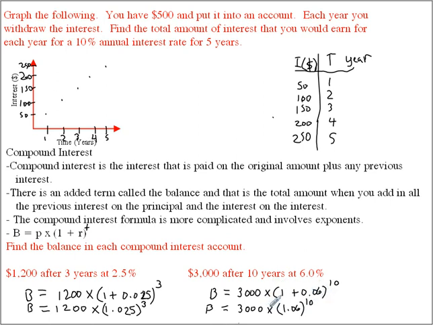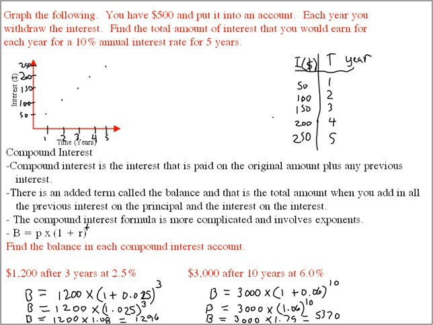Now, this racks up a lot quicker when you do compound interest. So I'm going to show you how this works. It's 1,200 times 1.025 to the 3rd power. And here it's going to be $3,000 times 1.06 to the 10th power. I'll show you what I mean in a second because I'll put down the calculations.